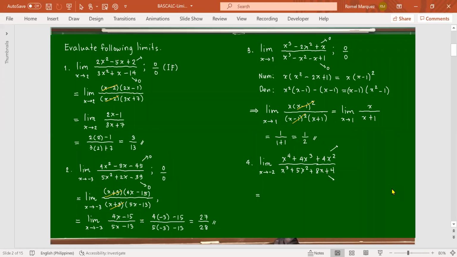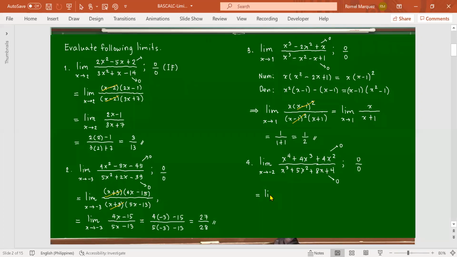Aaron Legaspi na lang po. What is the limit of the denominator? 0 po. Sure? So yes, 0, no? What about the numerator? Also 0 po. So it means this is an indeterminate form, no?